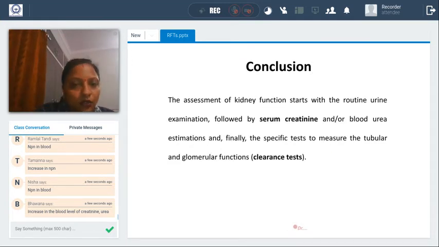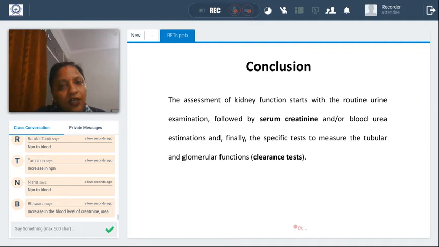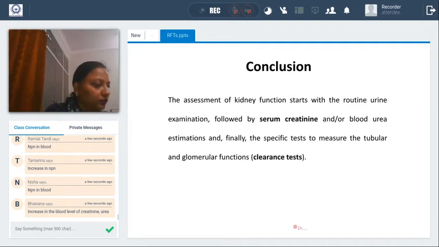What is the conclusion of this whole class, this RFT or renal function test? The assessment of kidney function starts with the routine urine examination, like physical, microscopical and biochemical examination, followed by serum creatinine or blood urea estimations, and finally the specific test to measure the tubular or glomerular functions, like clearance test.